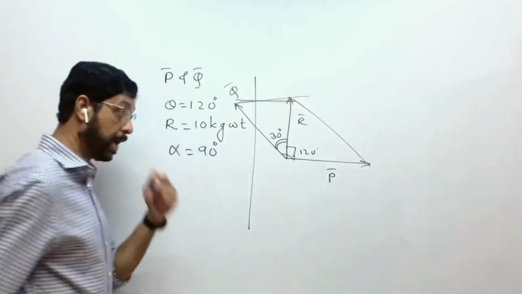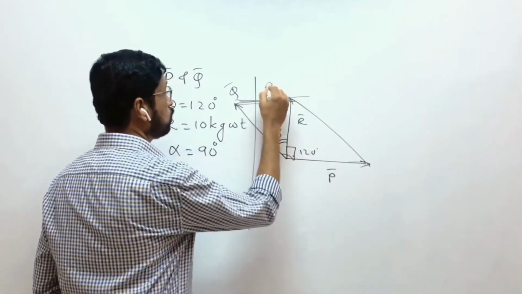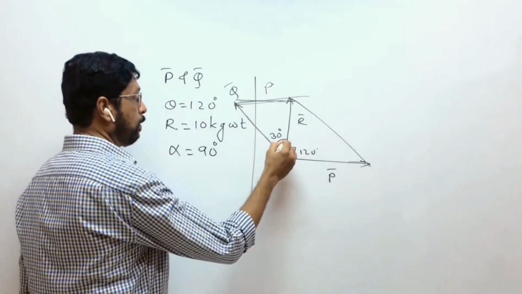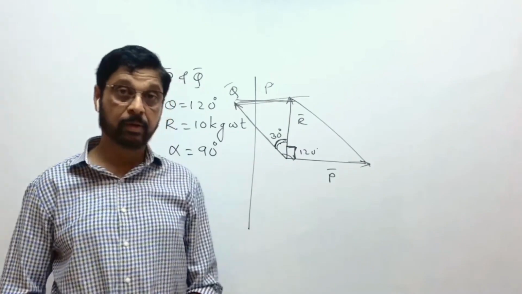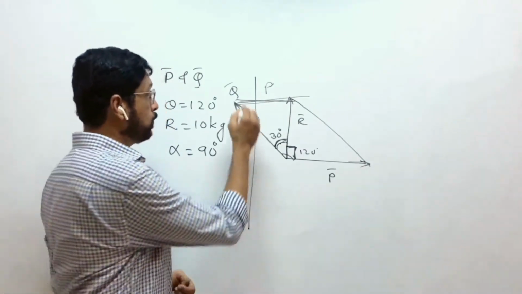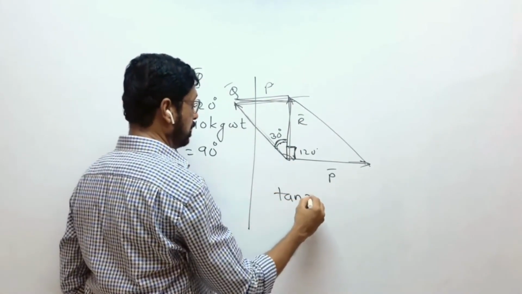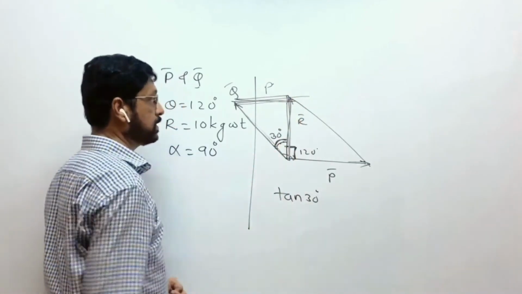like this, into a parallelogram, then this force is P, which means this is also P and this is Q. What about this? 30 degree. So if you consider this triangle, tan 30 degree will be opposite side upon adjacent side.